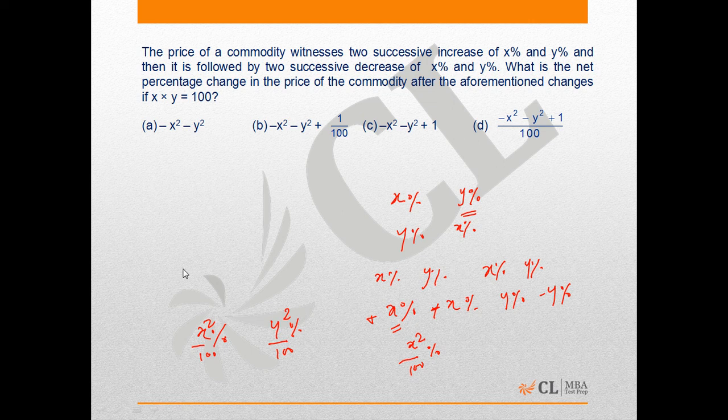And we know that when there is a decrease of a% and it is followed by another decrease of b%, then the net resultant decrease would be minus a minus b plus a into b by 100.